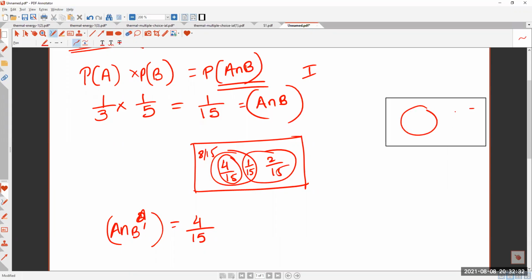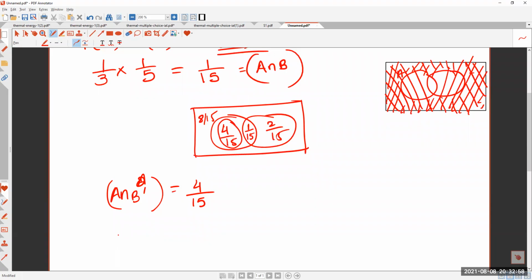A complement means everything except A. Then B complement means everything except B. You can see outside the circle the two lines are crossing. Both the lines are getting crossed outside the circle. So what is the number outside the circle? 8/15. So A complement intersection B complement is 8/15. Clear?